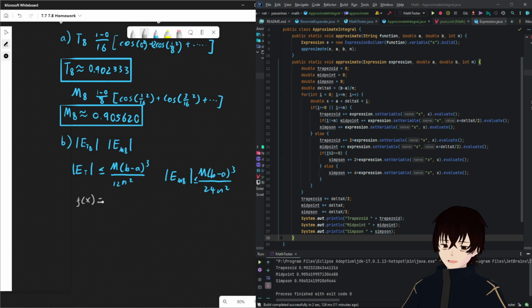If f of x is equal to cosine of x squared, f prime of x is equal to 2x sine of x squared, or it should be negative.